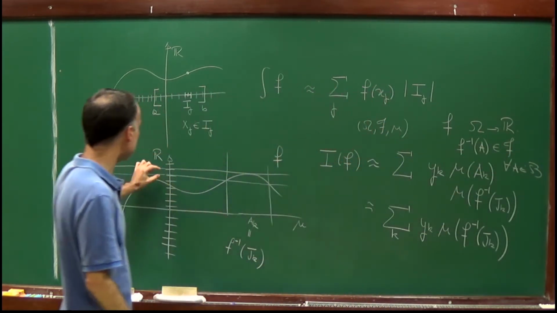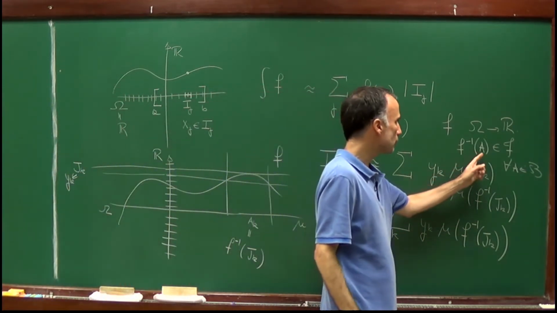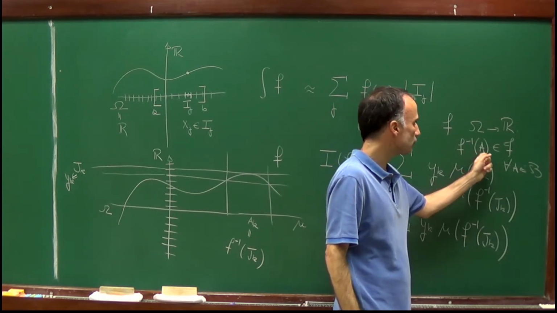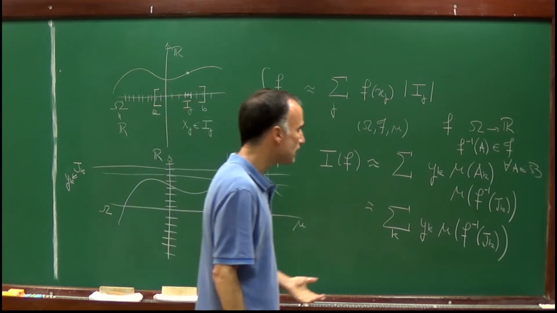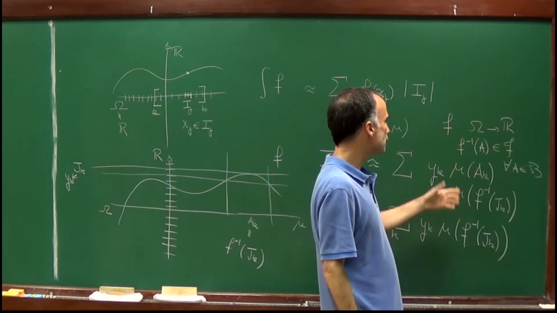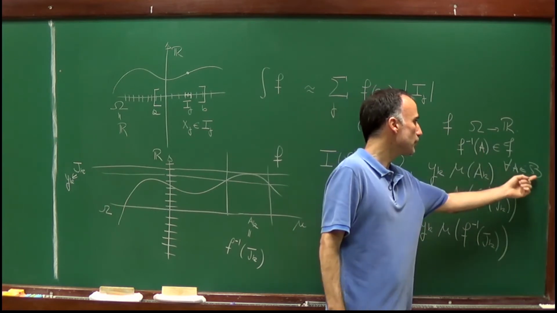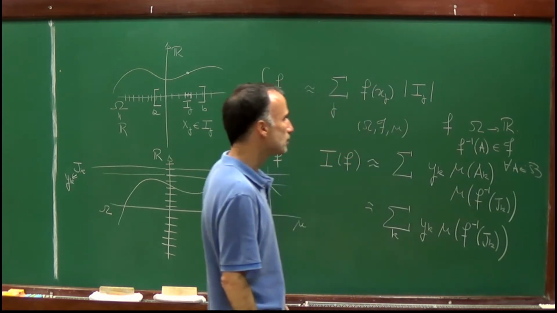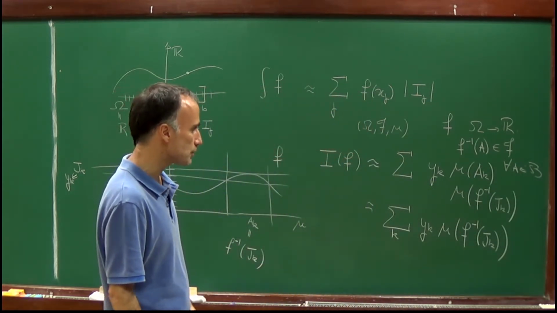Because here we are taking intervals, and requiring that for all intervals, we will see, is equivalent to requiring it for all elements of the Borel sigma algebra. So it makes sense to introduce this class of functions, the functions for which the inverse image of any element of the Borel sigma algebra belongs to the sigma algebra F, and this will be called the measurable functions.